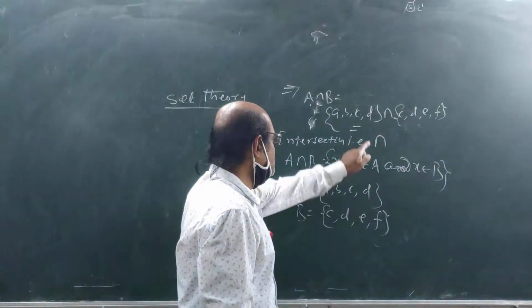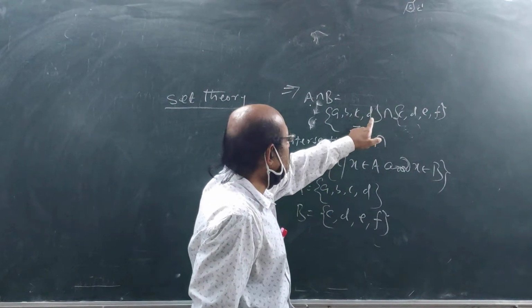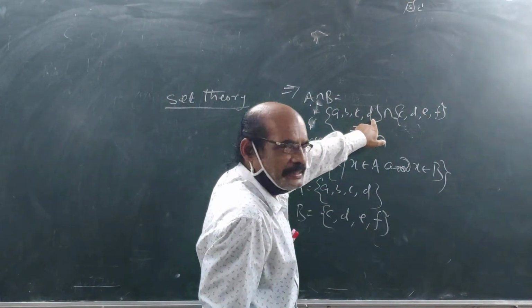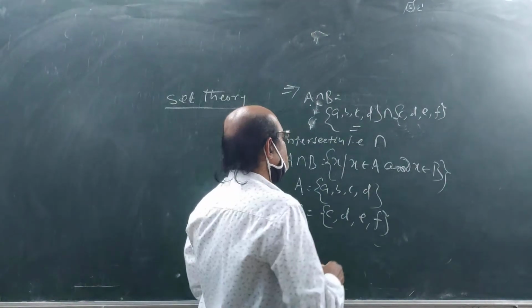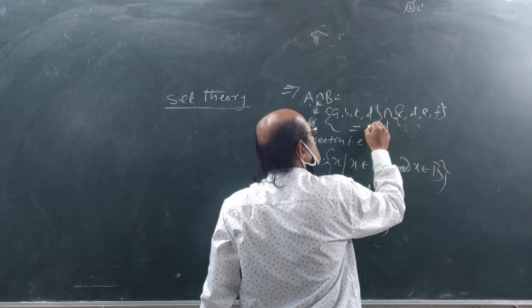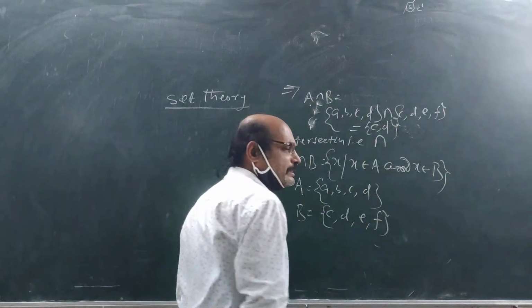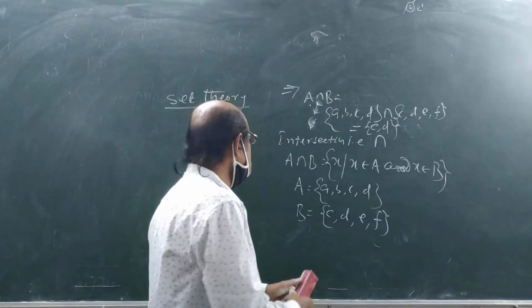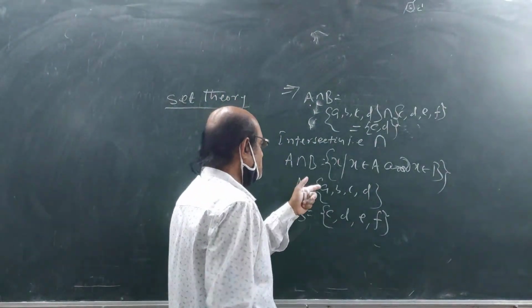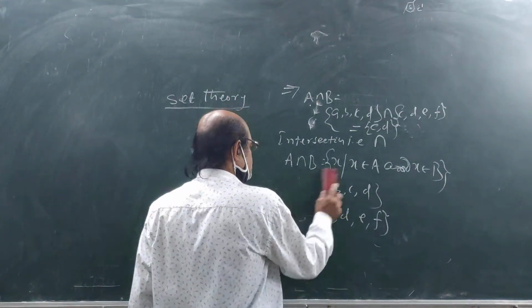What is the common element between these two? As is obvious, c and d. So {c, d} is the intersection of the given sets. This is all about intersection and union.